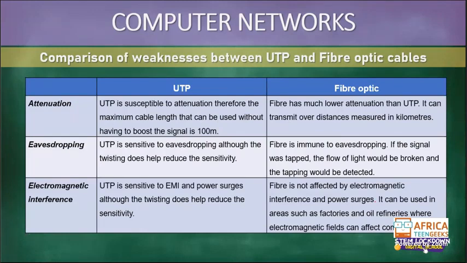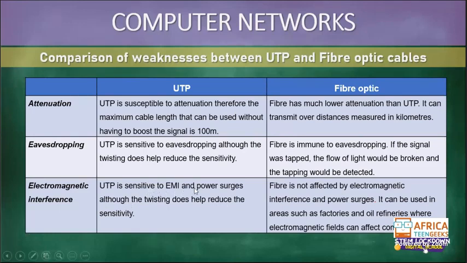Whereas with fiber optic, if the cables are cut, then it's easily detected that nothing is passing through, right? Which means fiber optic is more secure. Then the third concept, which is electromagnetic interference.